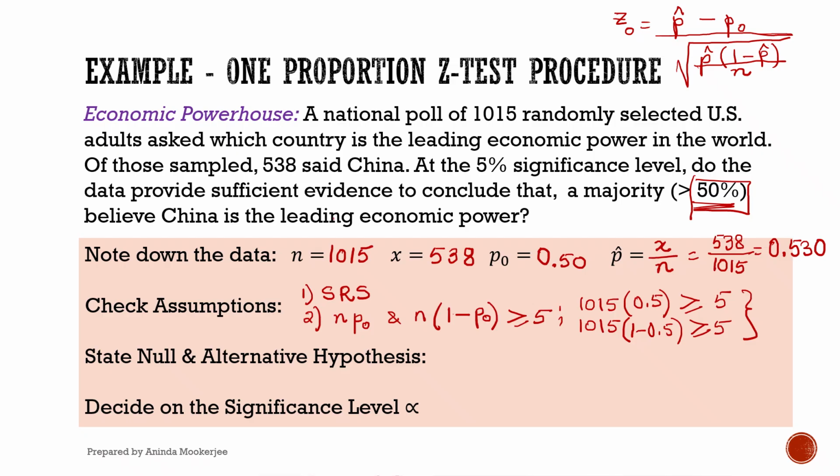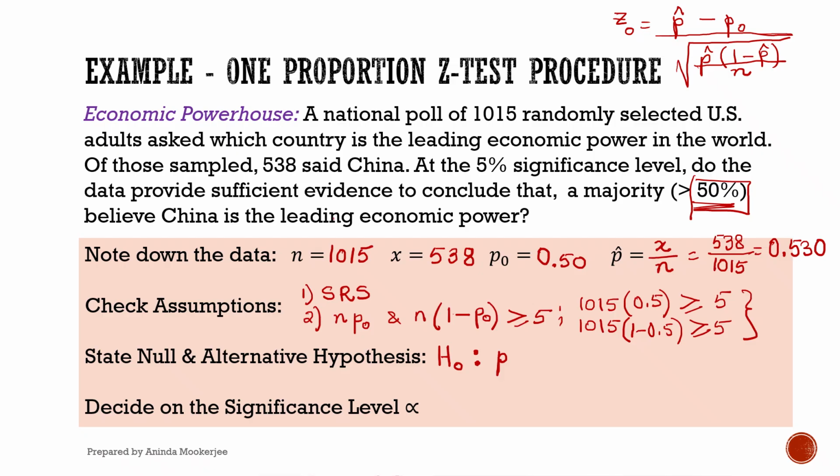Null hypothesis, let's write it in notation form, H sub 0 colon, and then you always use the population parameters. So you're going to write P, no P hats when stating the hypothesis.